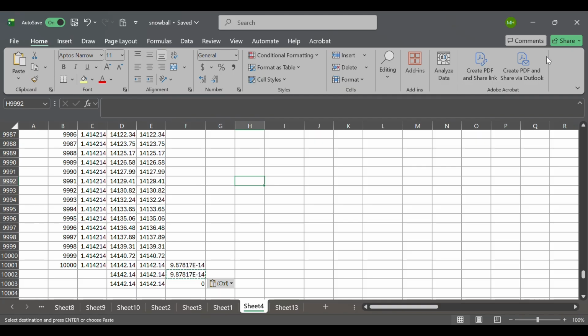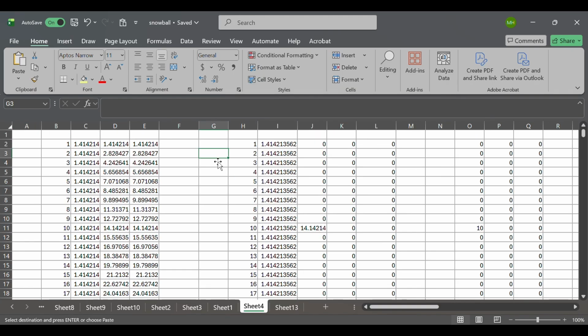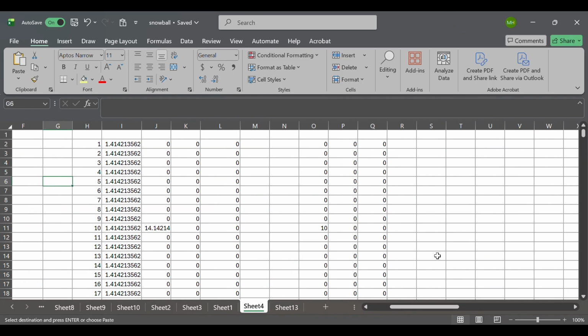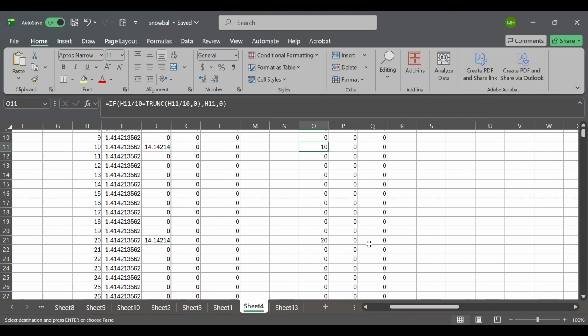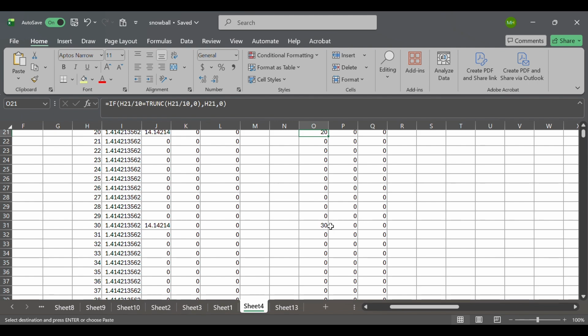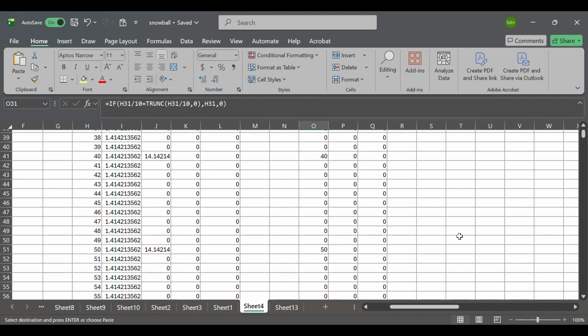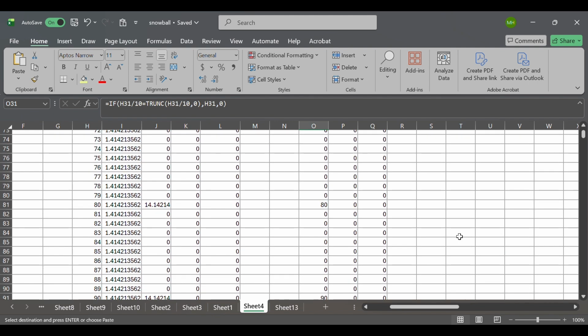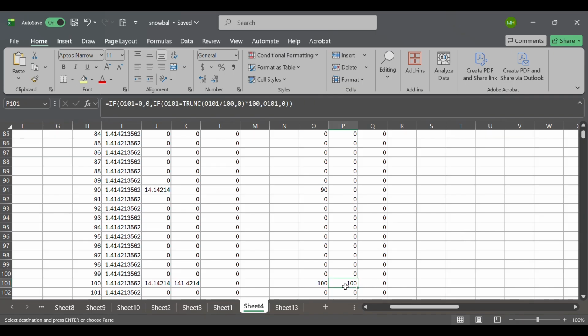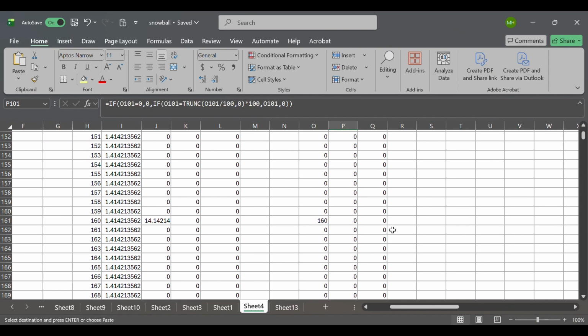So now I'm going to skip over some of this, but just show you how to do an array calculation. So over to the far right, there's these logics. And what it's doing is it's counting 10 and then saying, okay, that's my number. 10, 20, 30, 40, 50, up to 100, and beyond.